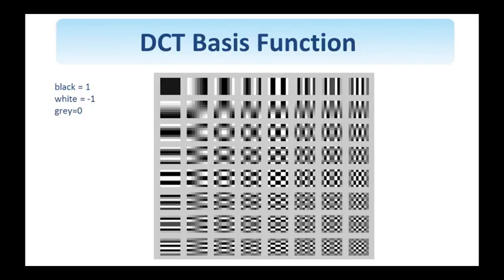We see here the 64 8x8 basis functions of the discrete cosine transform. Here is the interpretation of the colors. So in this first row, we have a one-dimensional cosine that increases in frequency horizontally. So vertically here it's constant. And in this column, we have a one-dimensional cosine that increases in frequency vertically.